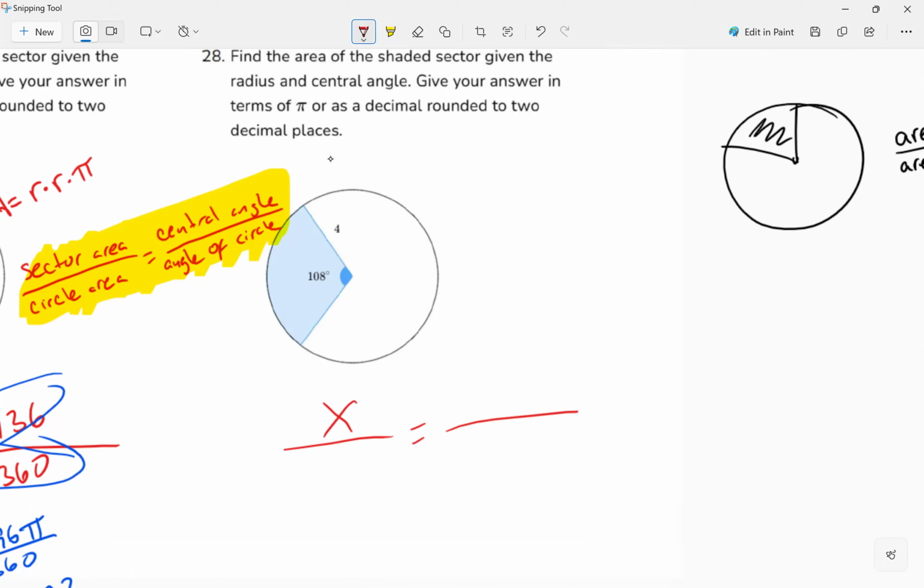Given the radius and central angle, the radius is 4, so the area of the circle is 4 times 4 times pi. So circle area is 16 pi. My central angle is 108 and the angle of the circle is 360.